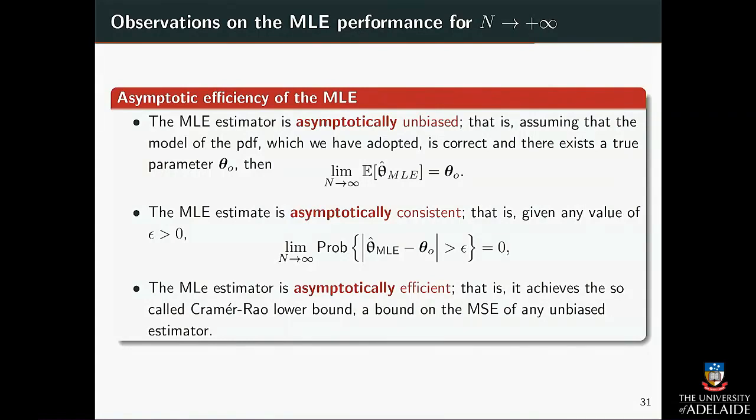It means that for n large enough, the probability that the difference is greater than any infinitesimal positive number goes to 0. So this is called convergence in probability. We also call it efficient if it has the minimum possible mean squared error, and the maximum likelihood estimator is asymptotically efficient.